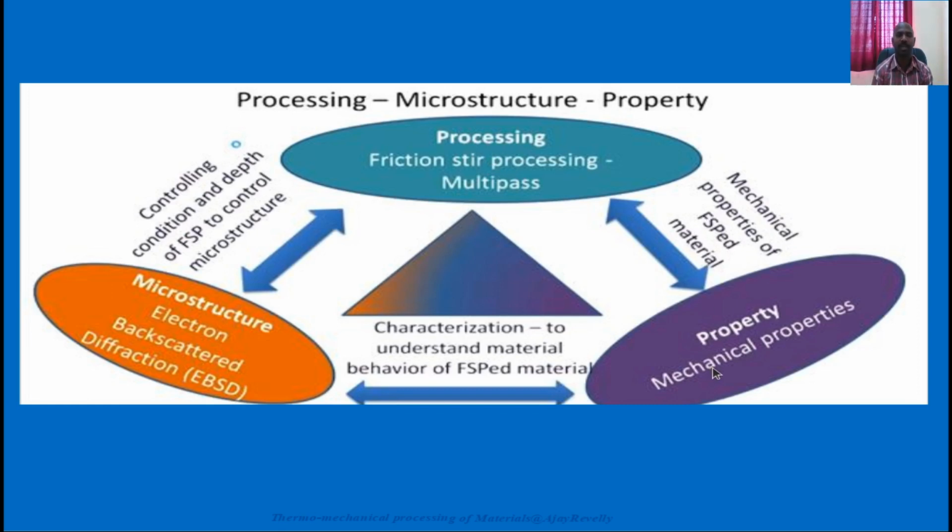Mechanical properties. What type of properties are achieved? It depends upon controlling the depth of processing and controlling the microstructure. Refined or fine grain size leads to high hardness in a material. So this point is highlighted with this triangle of friction stir processing.